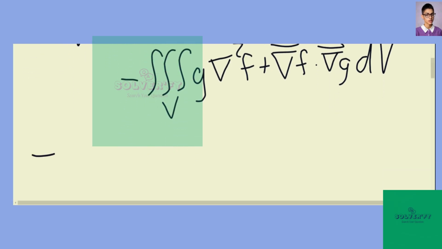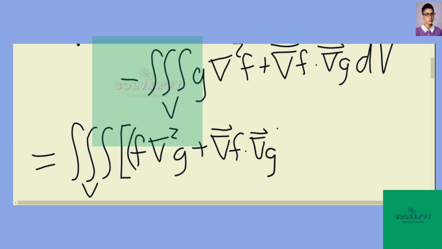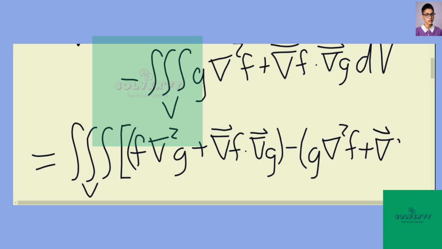So we have this entire equation is equal to the volume integral, in parentheses, f gradient squared of g, I'll put that in another parenthesis, plus the gradient of f dotted into the gradient of g, minus our next one, which is g Laplacian of f, plus the gradient of f dotted into the gradient of g.